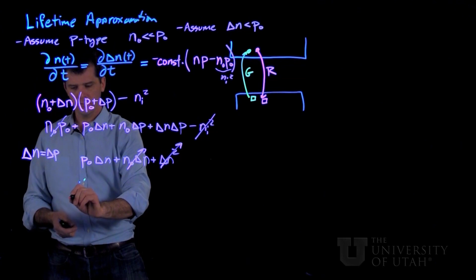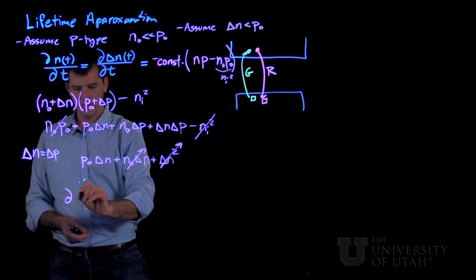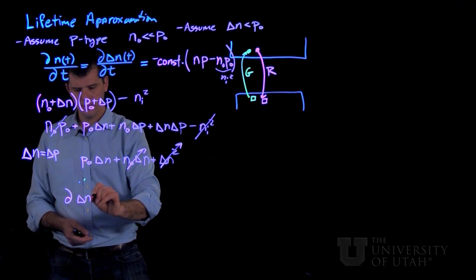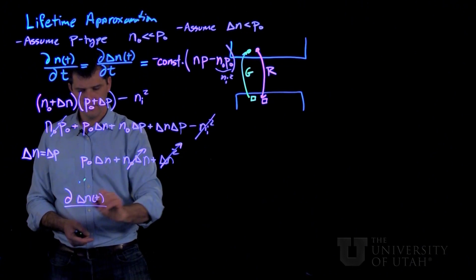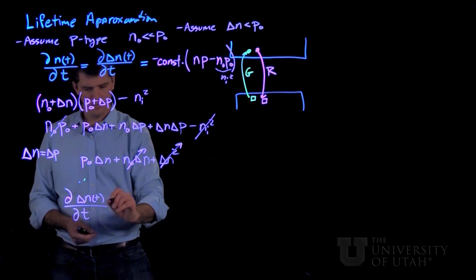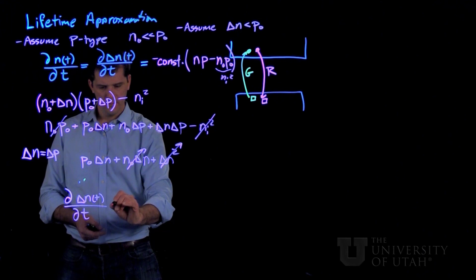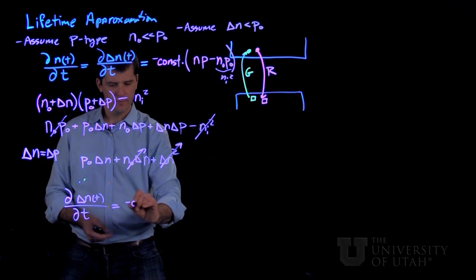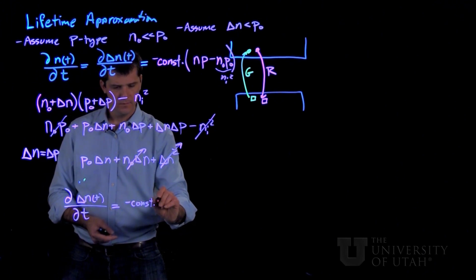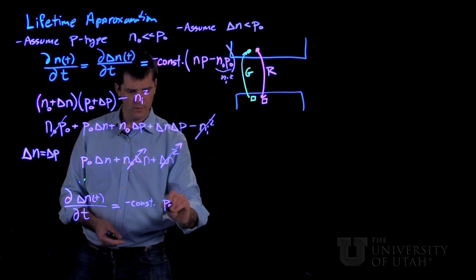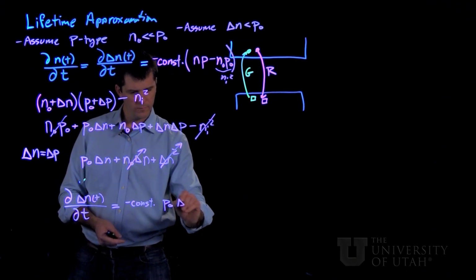So in the end, our final result is that d delta n of t dt is negative constant times p naught times delta n.